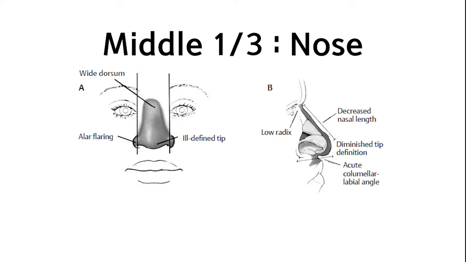We should compare with nasal ideals for whites. The noses of black patients and those of Middle Eastern descent have the following characteristics. For blacks, a wide, low nasal dorsum, decreased nasal length and tip projection, and poor nasal tip definition are observed, and they have an acute columella labial angle and big alar flaring.